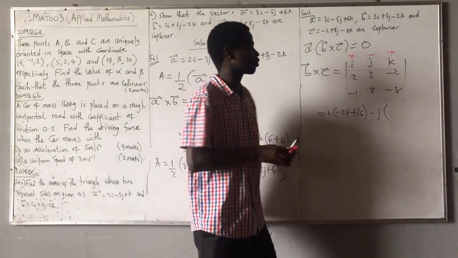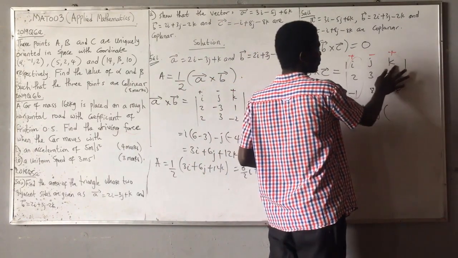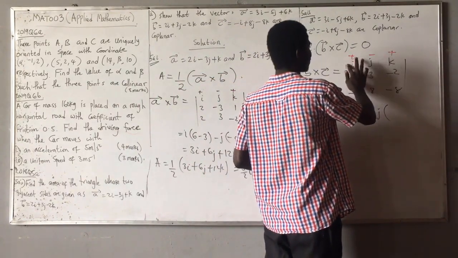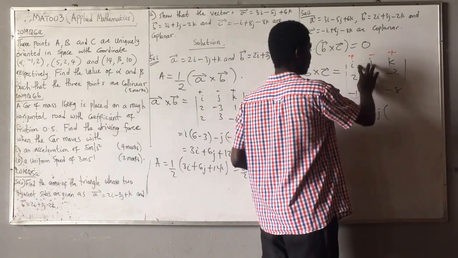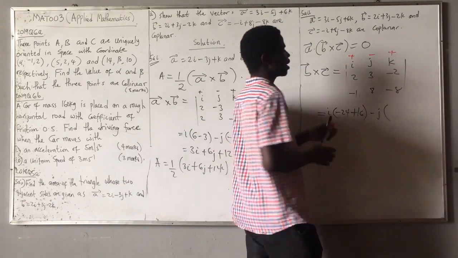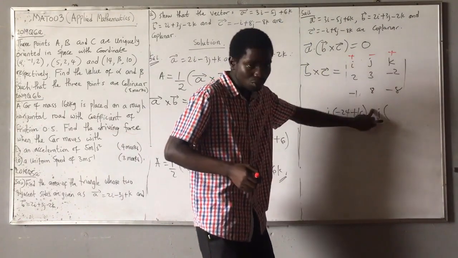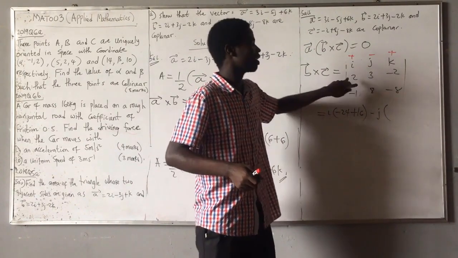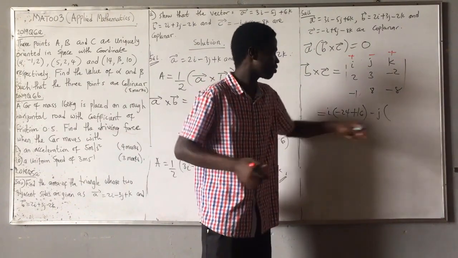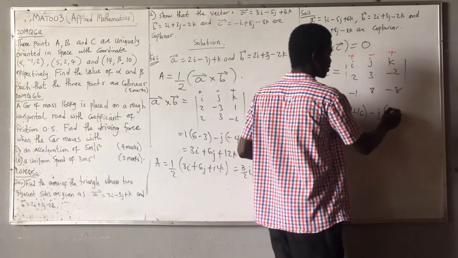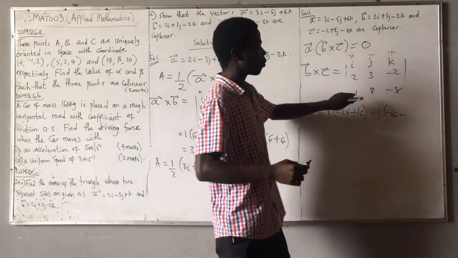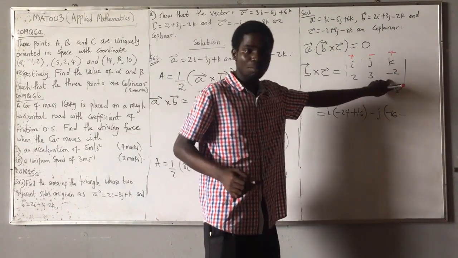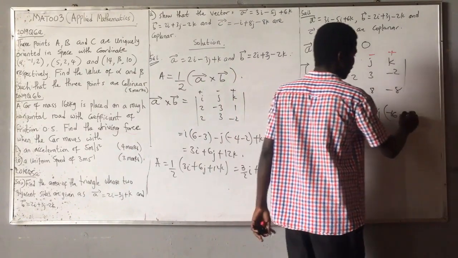The same thing happens to this one. You will now remove all this line you have here and start again at the middle. At the middle, I'll remove the middle row and the first column. So I'll be left with 2 times minus 8 minus 2 times minus 8 to give me minus 16, minus 1 times minus 2. The answer is 2.